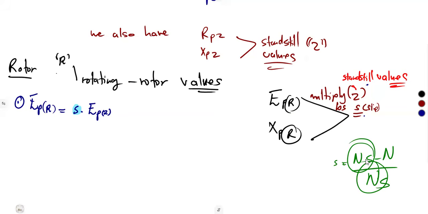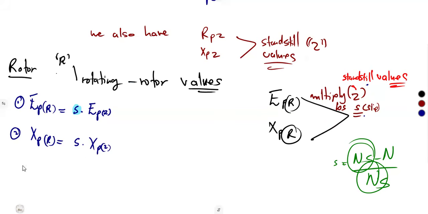So anything that considers the frequency, remember frequency, voltages, the EMF there, will be affected. Also reactances. So the reactance is going to be affected because we consider the slip, where the reactance of the rotating values is equal to slip times the reactance that we had at the standstill value.